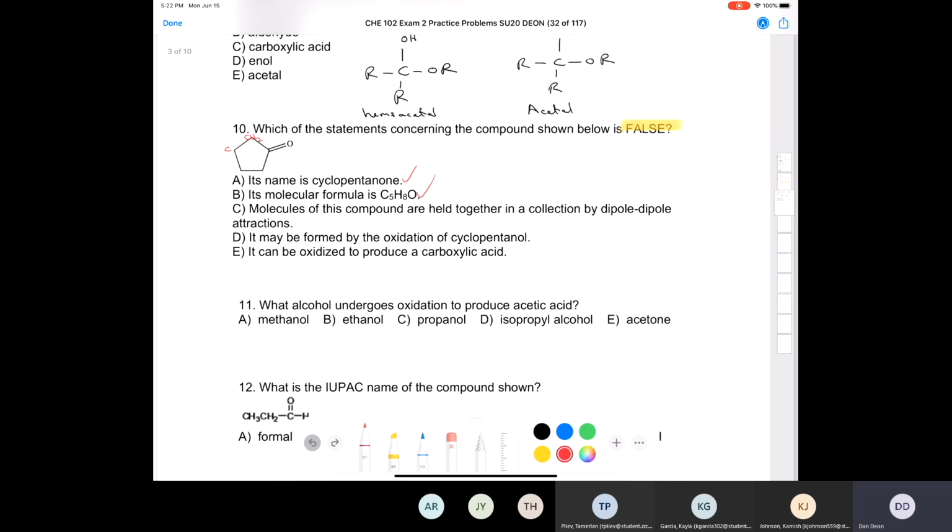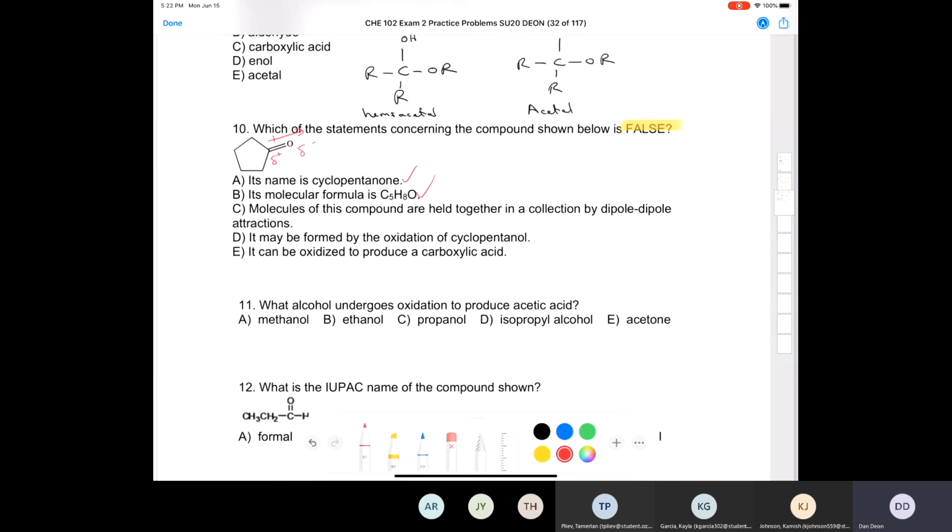And I'll delete all that. There we go. Molecules of this compound are held together by dipole-dipole attractions. Absolutely they are. If I have a dipole in my molecule, which I do because oxygen is more electronegative than carbon, then 2 molecules of cyclopentanone will be held together by a collection of dipole-dipole interactions.